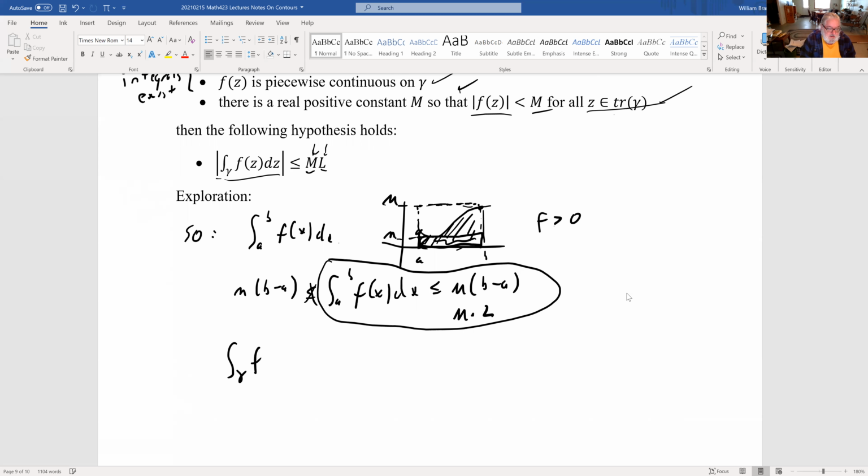The integral around gamma of f of z dz equals the integral from a to b of f of gamma of t times gamma prime of t dt. This is a nice real function, really, except for an i floating around. This is a real part plus i times an imaginary part.